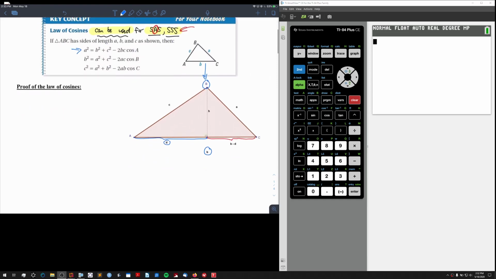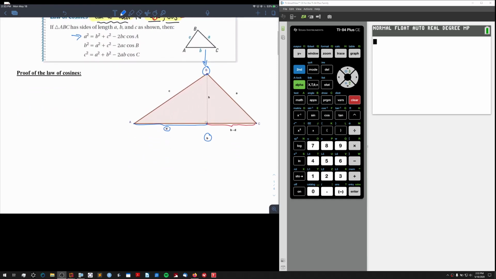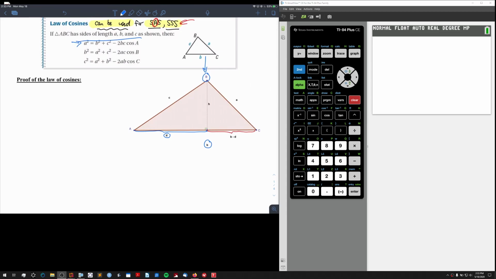Okay, so let's start. Since we're trying to prove this one, we're going to work with angle A. So let's start from angle A and do something simple that I know how to do. And that would be, what's sine A? You say, oh, opposite over hypotenuse.